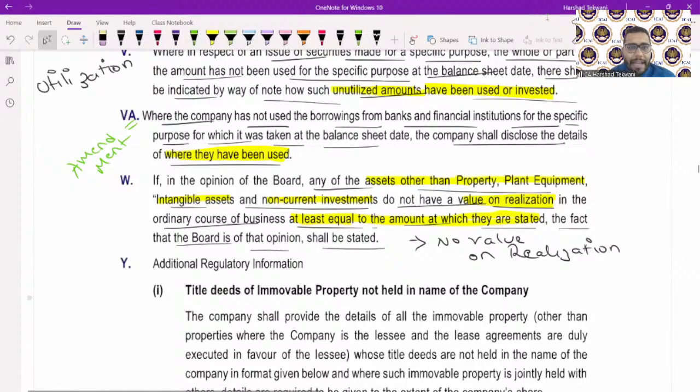So this intangible portion we are talking about here is a part of the amendment. Okay. Any doubts, guys? Any doubt?